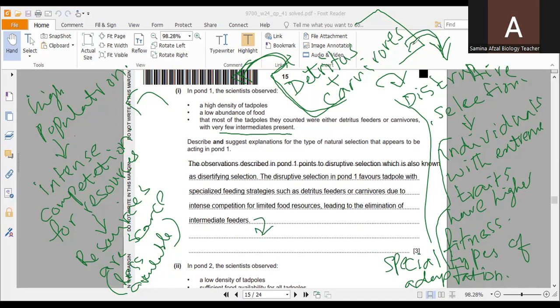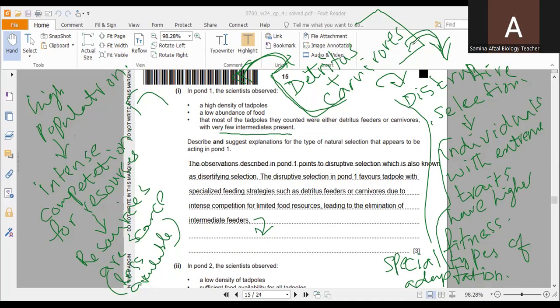Intermediate feeders were not having these special adaptations to the environment because they were depending on all types of food. So detritus feeders were eating the organic food, and the number was very high. On the other hand, the other type of organisms were depending on other organisms, so they were eating up these intermediate organisms as well.